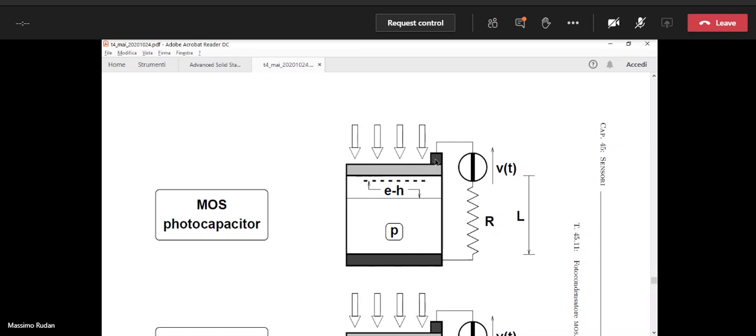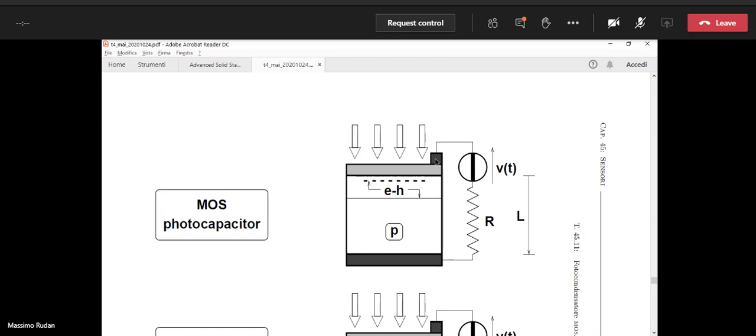The only difference is that the upper electrode, the gate electrode, is much smaller than in the usual structure of the capacitor because we need to leave the upper surface of the device free from contacts as much as possible. You may remember we already discussed this issue when talking about the solar cell.